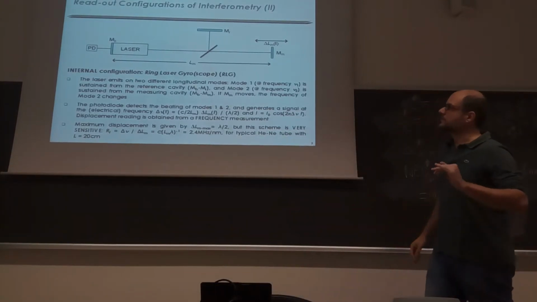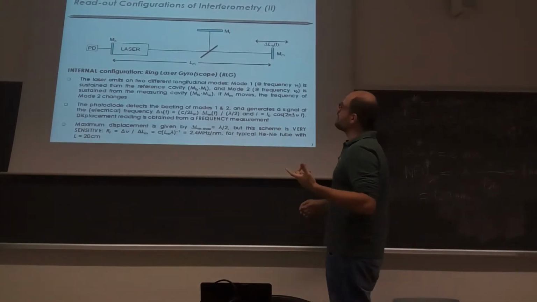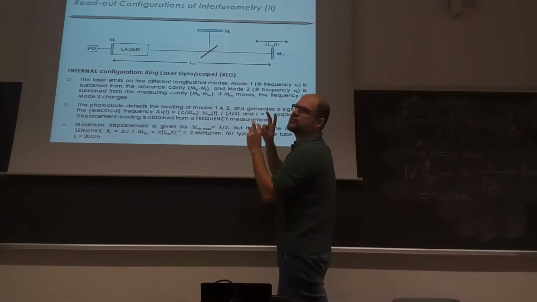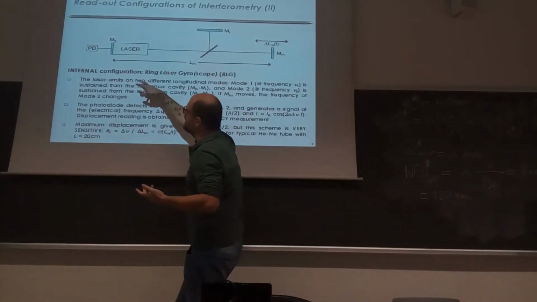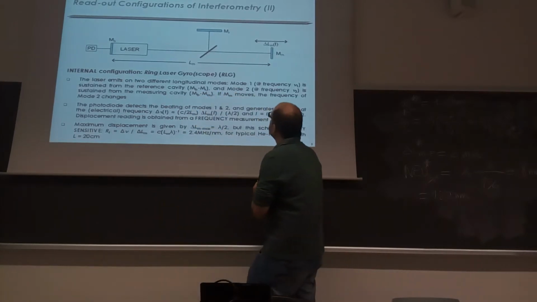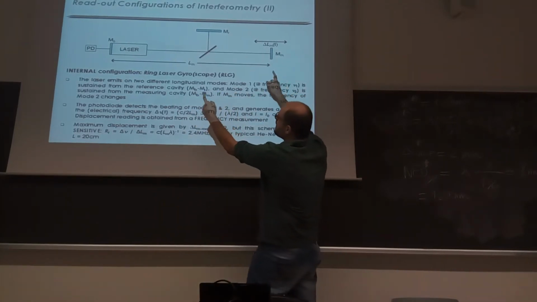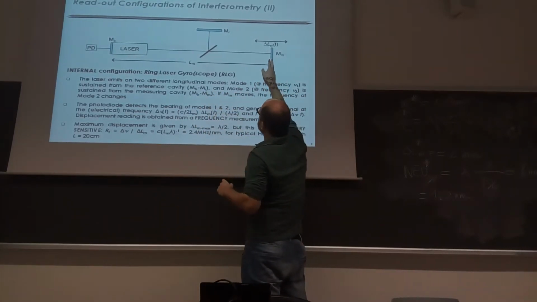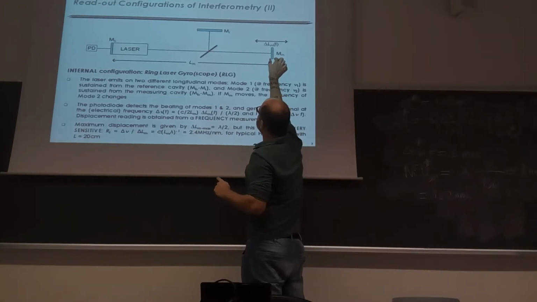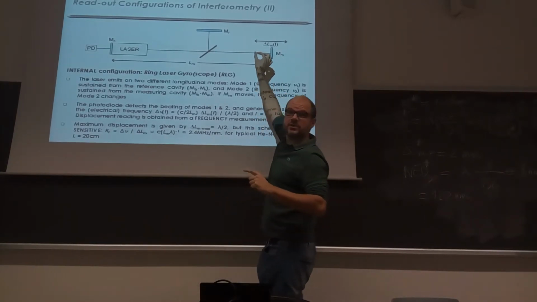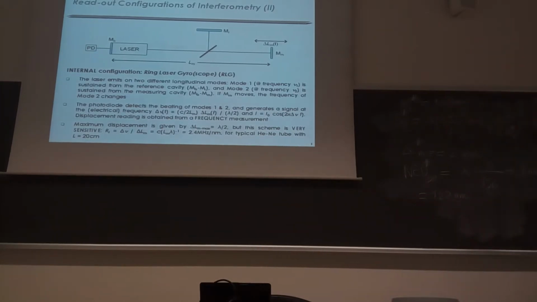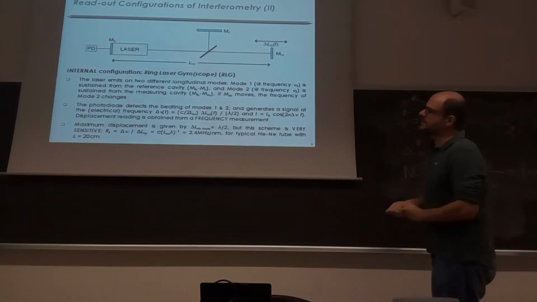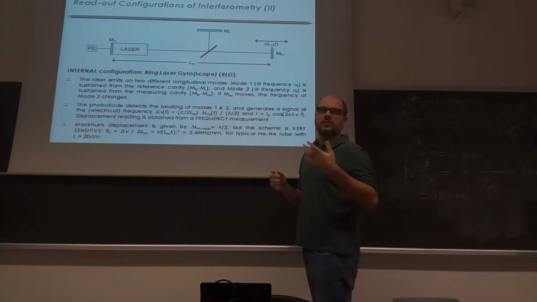Then there is the second mode, which is sustained by the measuring cavity, composed by the moving mirror and, again, the back mirror of the laser. The frequency of emission of this mode can be changed by tuning the position of the moving mirror. Then what do you get onto the photodiode?